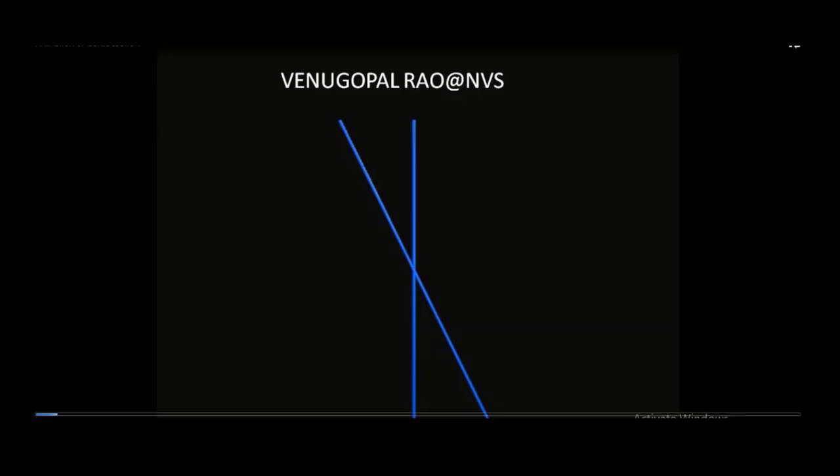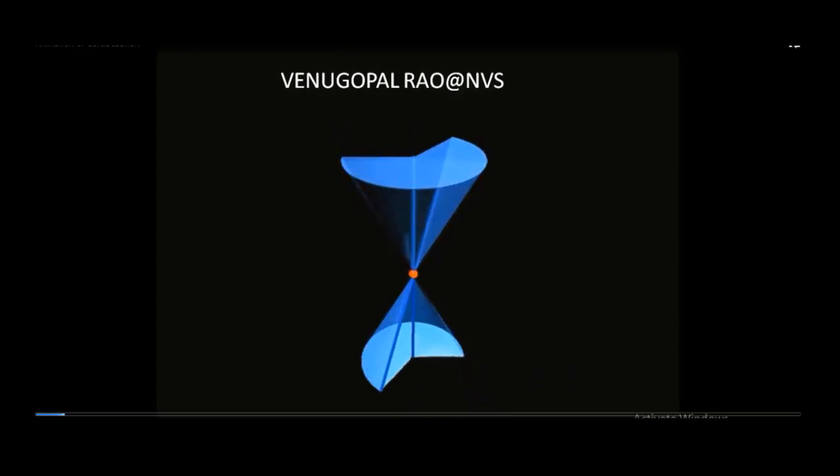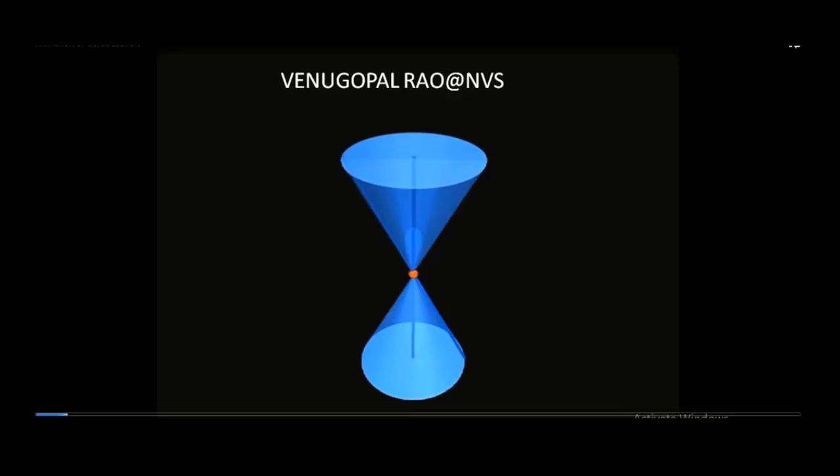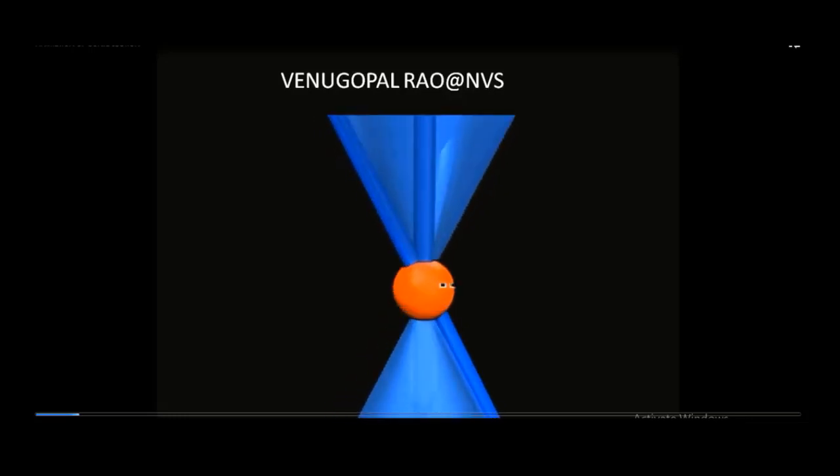Now observe. The variable line is rotating with respect to that fixed point, which is indicated by red color. So we got a double cone. Here this point, the fixed point, is called the vertex of the cone.